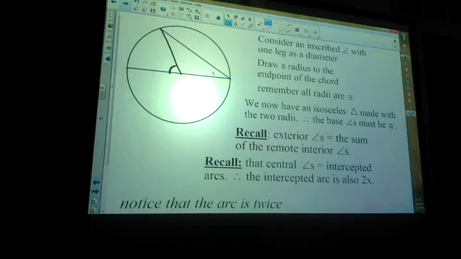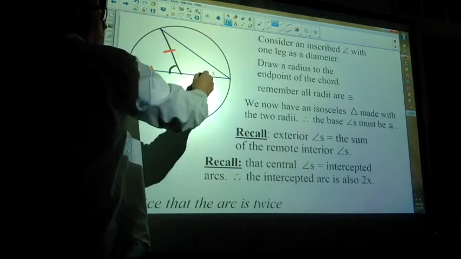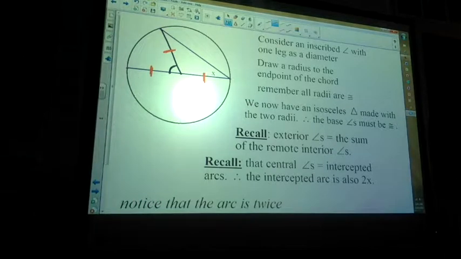Remember that all radii are congruent. So that means that this segment here, this segment here, and this segment here are all congruent in length. Agreed? We now have an isosceles triangle made with the two radii. Therefore, the base angles must be congruent.